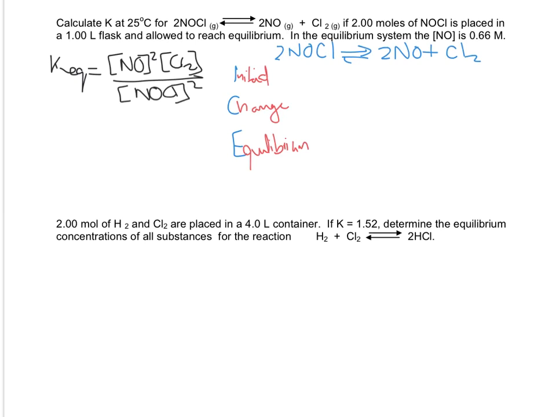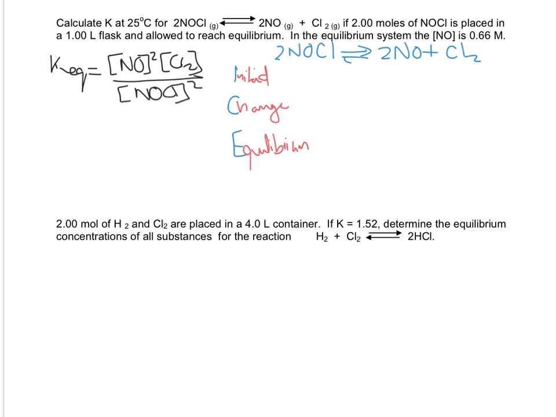So basically, an ice chart takes you through the reaction. You can do this in concentrations like molar or in moles, but you put your initial concentration at the very beginning of the reaction. Then what changes happened? Did your concentration increase or decrease over time, and by how much? And then the equilibrium would be at the very end, basically the net of the initial and the change.